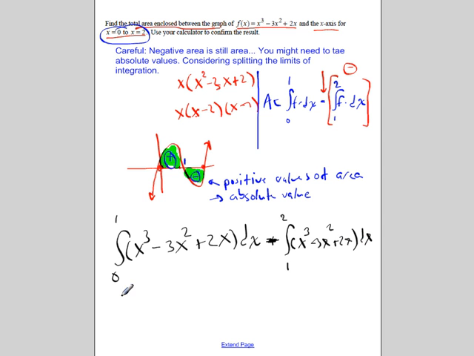When we take the integral, we get x to the 4th over 4, minus x cubed plus x squared from 0 to 1, minus the same thing from 1 to 2.